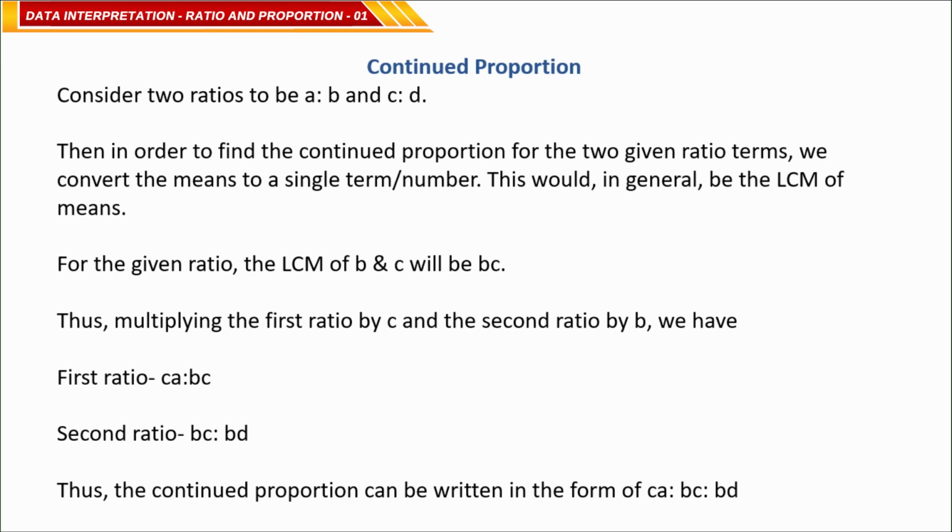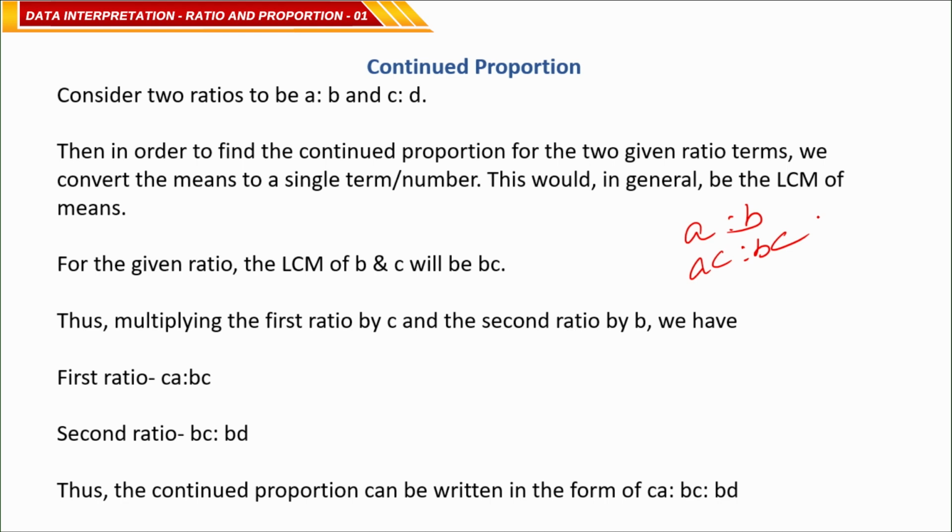The given ratio LCM of B and C will be BC, correct. Thus, multiplying the first ratio by C and the second ratio by B, for example, A is to B is there. Multiply both with the letter C, then we can say AC is to BC.